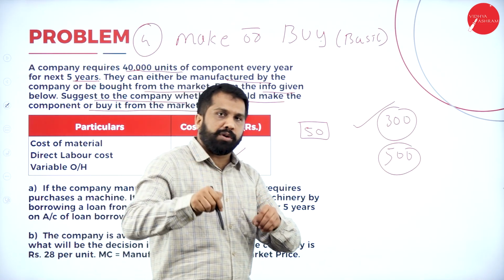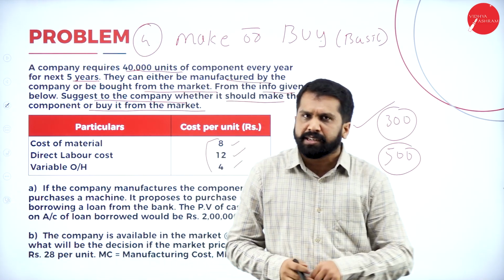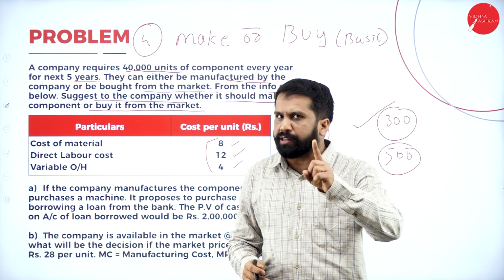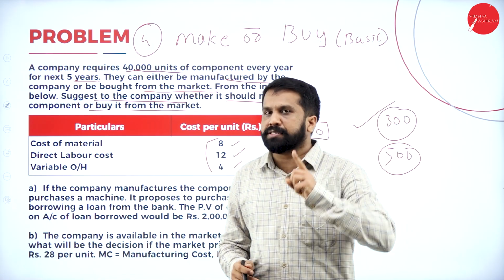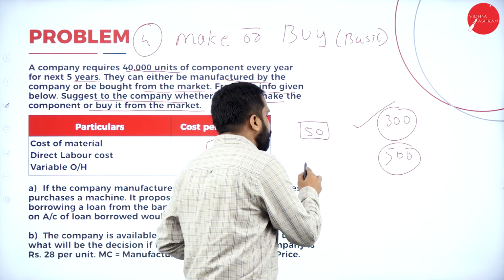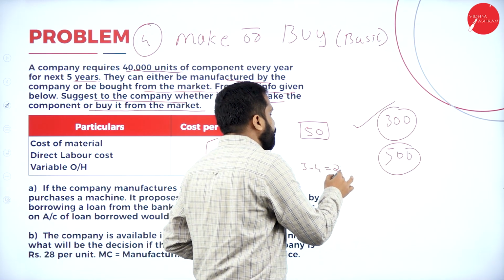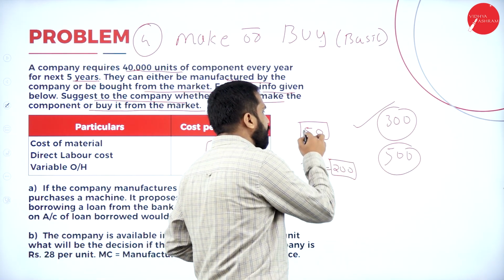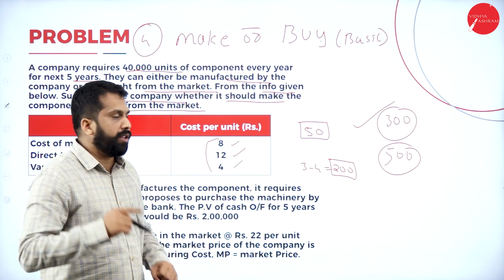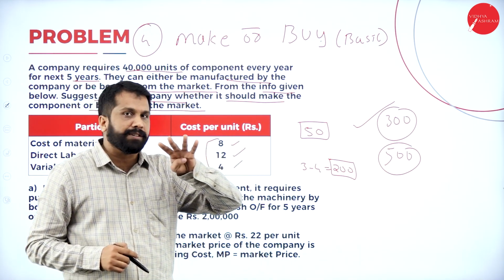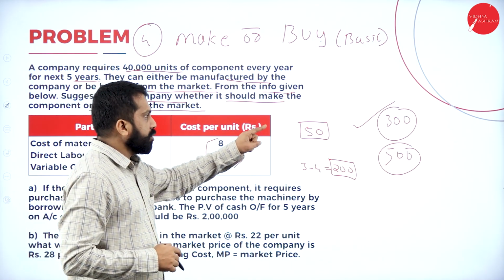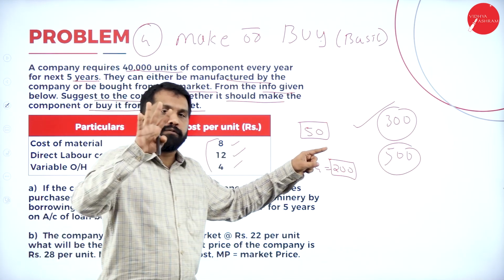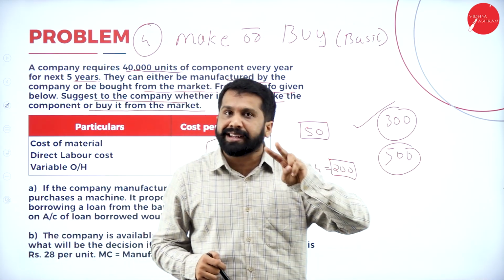At home for breakfast, will you be satisfied with one dosa? 100% no. Minimum you will have 3 to 4 dosas. If you go to the shop, will you eat 4 dosas? No. Because each dosa costs 50, 4 dosas will go 200 rupees.